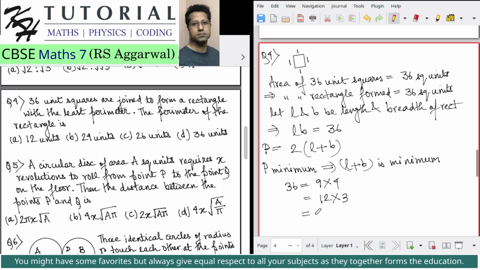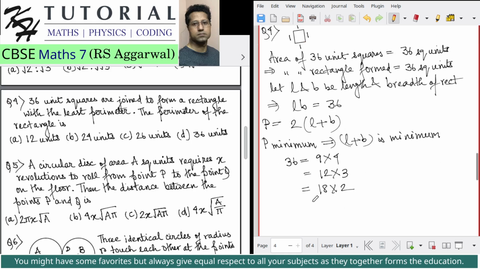I can also factorize this as 18 multiplied by 2. I can factorize it as 36 multiplied by 1. These are all the possible factorizations of 36 as having two factors. Now we have to see, of all these choices, the sum of the two factors is minimum.